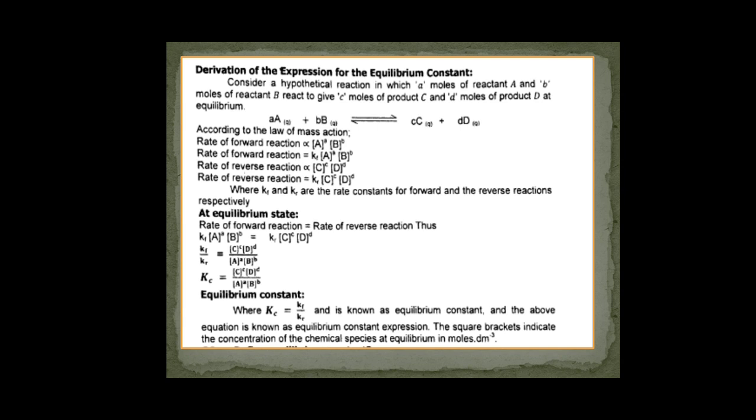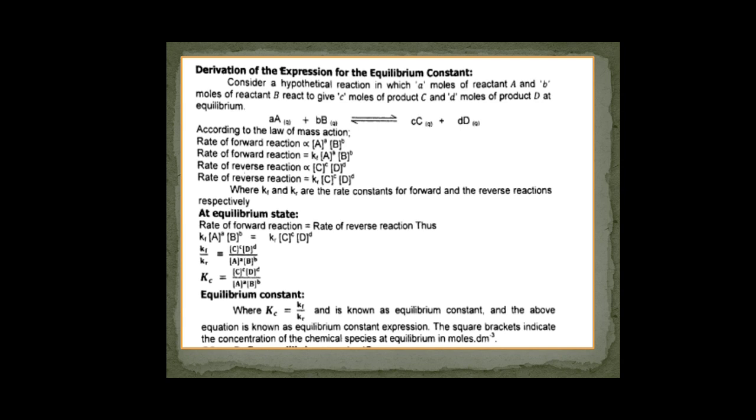Rate of reverse reaction is directly proportional to [C] power c multiplied by [D] power d. Means the rate of reverse reaction is directly proportional to the active masses of the products, where C and D are the products.